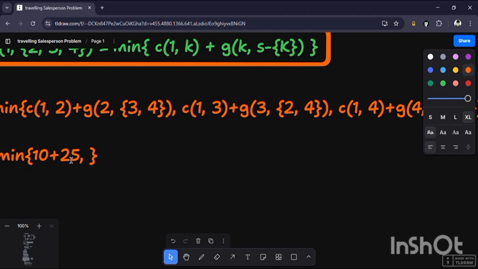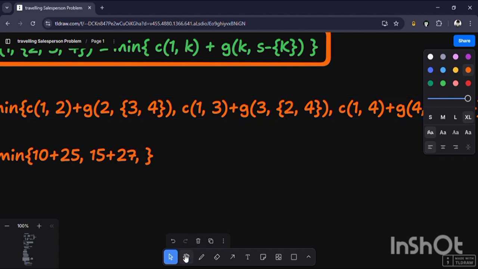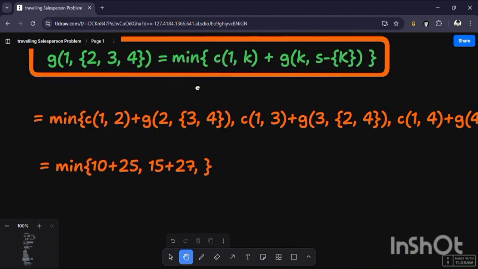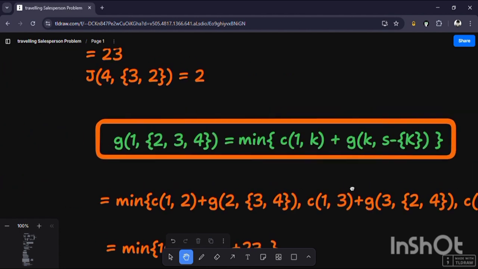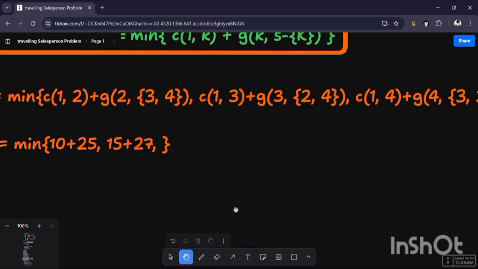So this one value will be 15 plus 27. Why 27? Because g of 3 comma 2 comma 4 we have calculated. G of 3 comma 2 comma 4 value is 27. Next, the value is c of 1 comma 4 plus g of 4 comma 3 comma 2. G of 4 comma 3 comma 2 value is 23, right? So we have to write here 23.